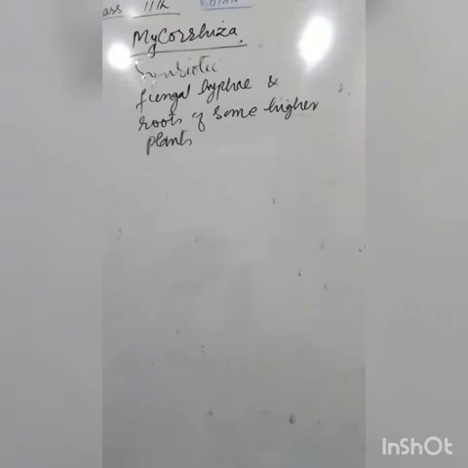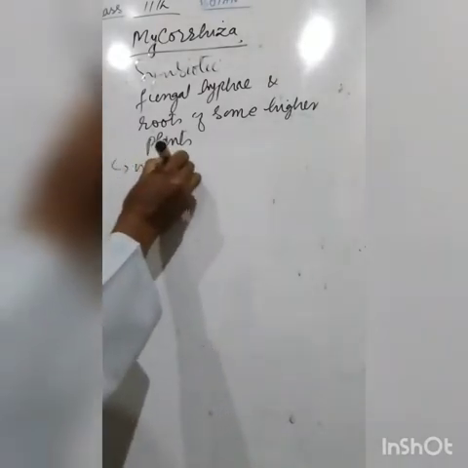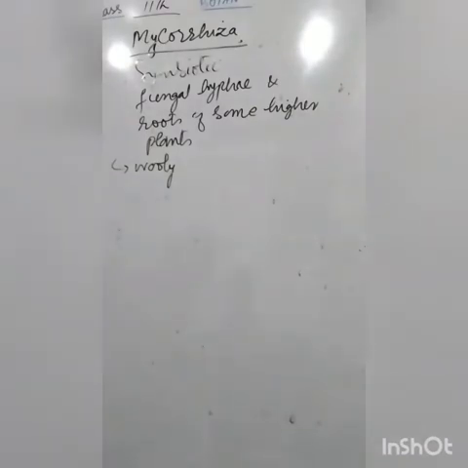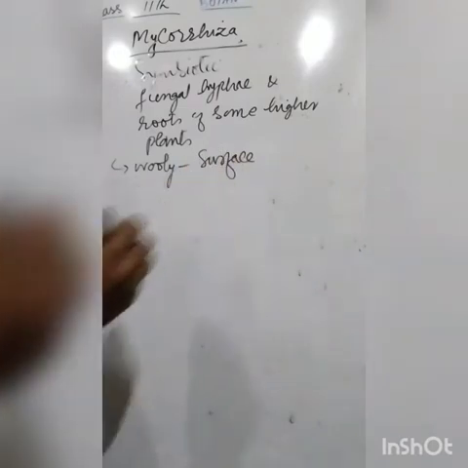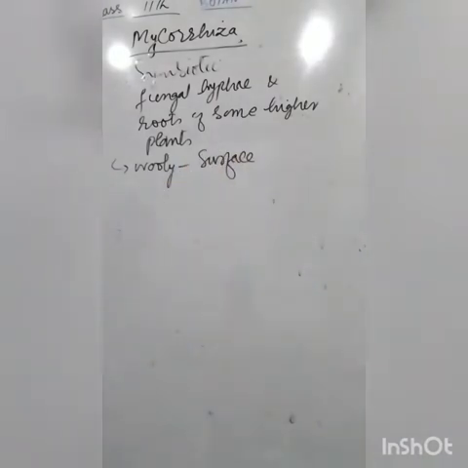Now, mycorrhizal roots often show a wool-like covering of fungal hyphae on the surface, and remain in the upper layers of the soil where organic matter is abundant.